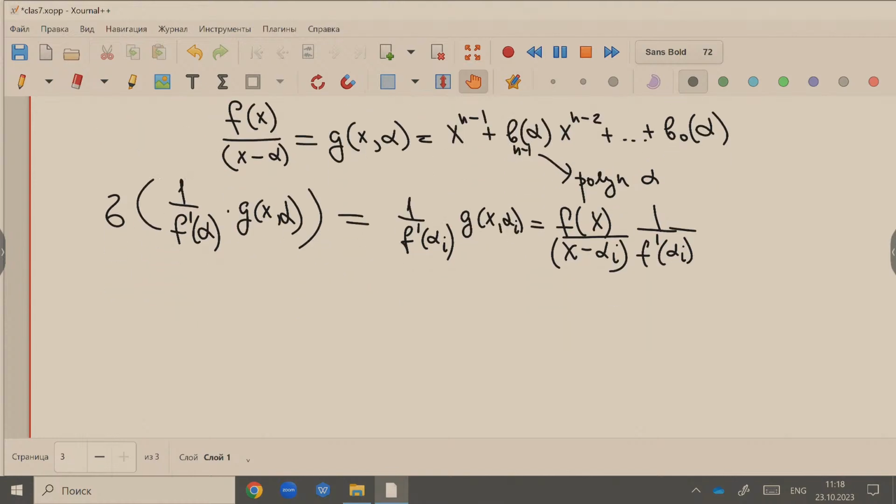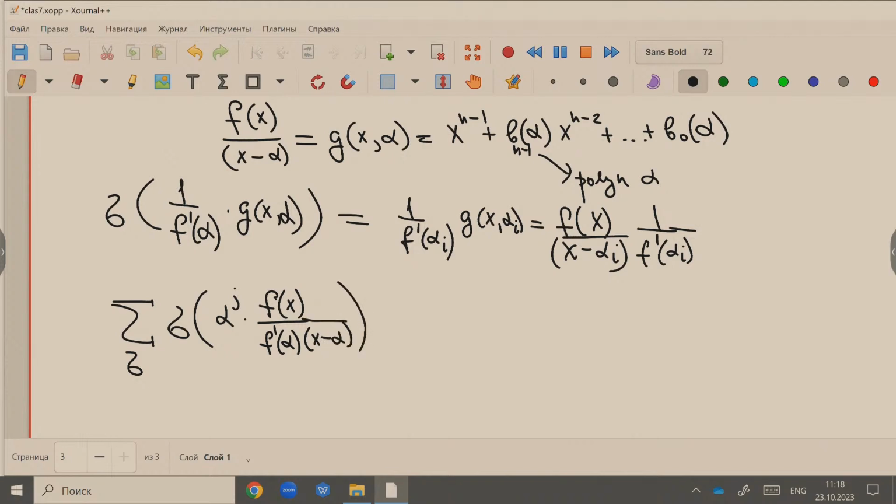If you open the bracket, I just needed this expression, so the sum written before is the following. The sum that we have written is just the sum over all sigmas, where sigma was applied to alpha j, f of x divided by f prime of alpha times x minus alpha.